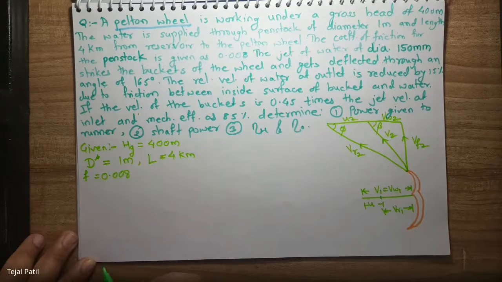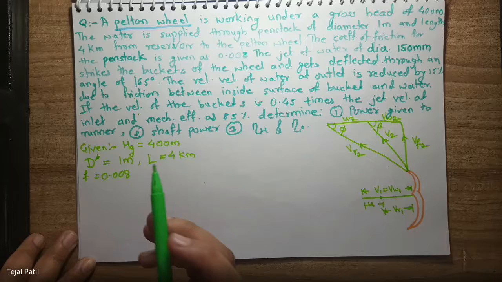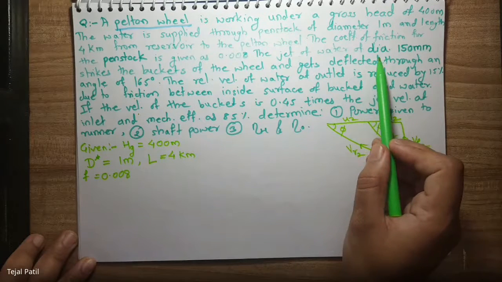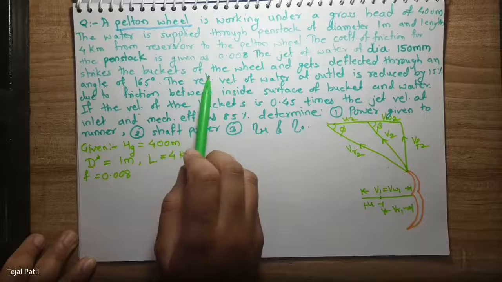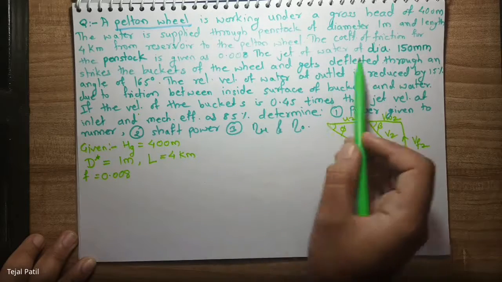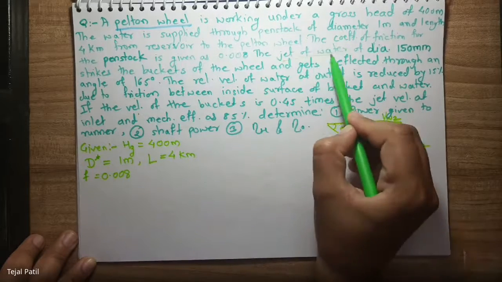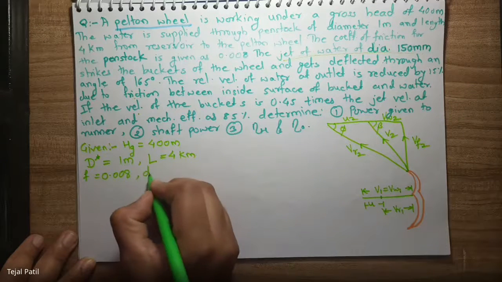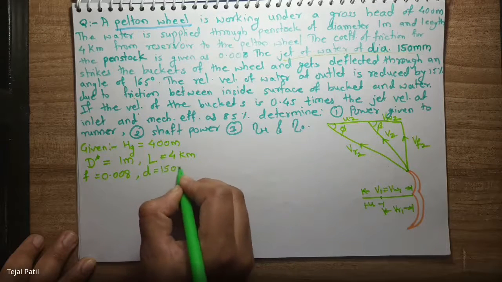Further, the jet of water of diameter 150 mm strikes the bucket of the wheel. So here again the jet diameter is given to you, which you denote by small d as 150 mm.